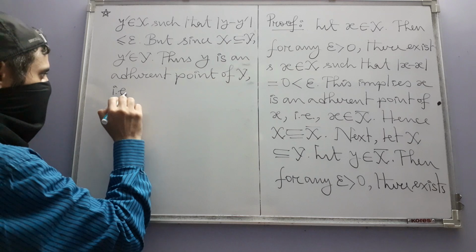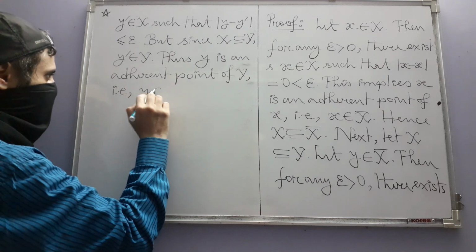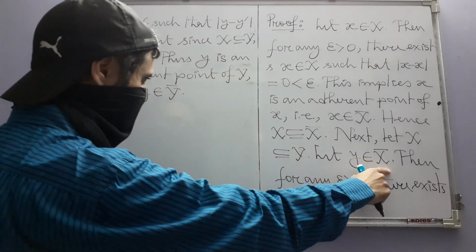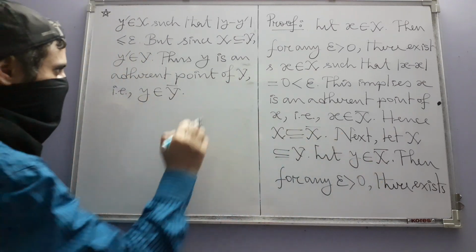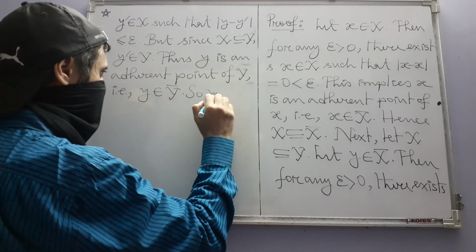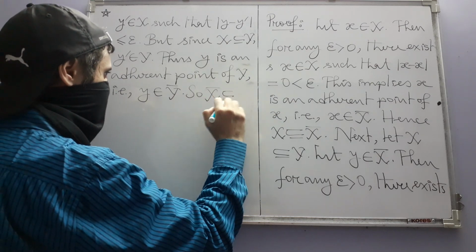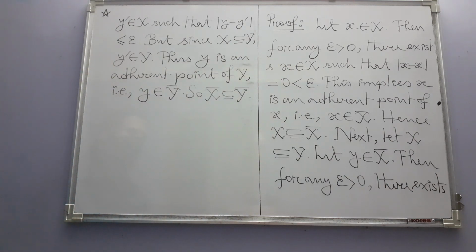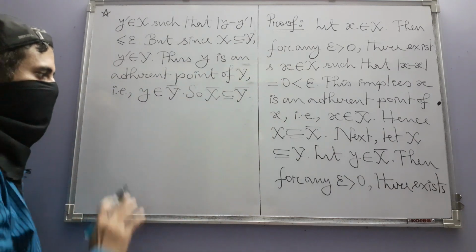That is, y belongs to y bar. So any element in x bar is also in y bar. So the closure of x is contained in the closure of y. Okay, so we have proved that thing.